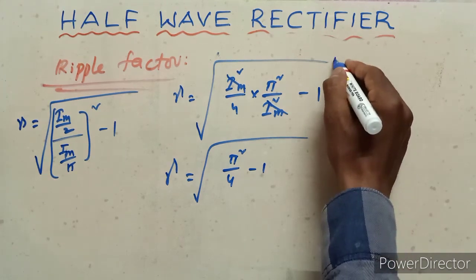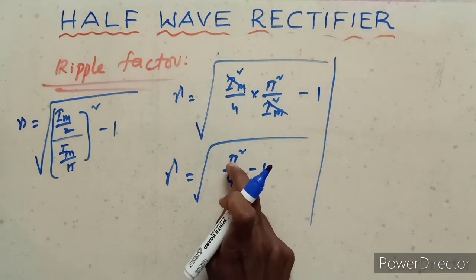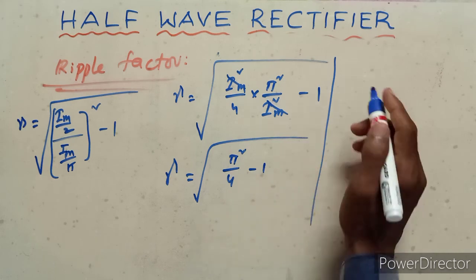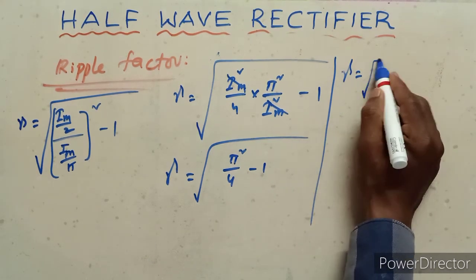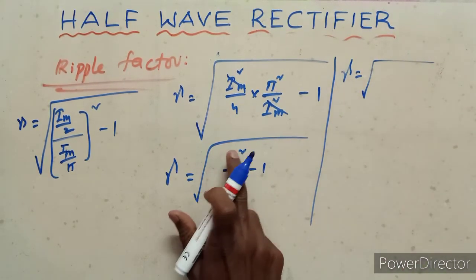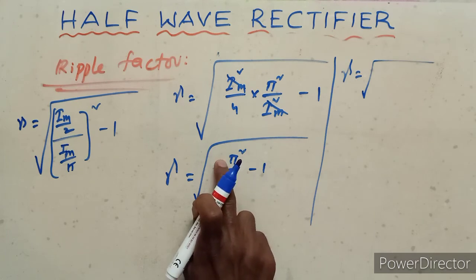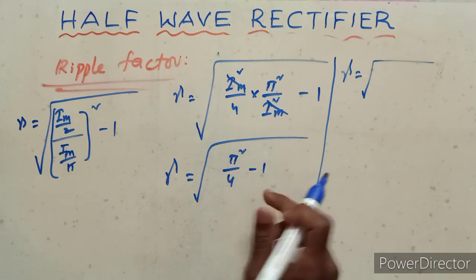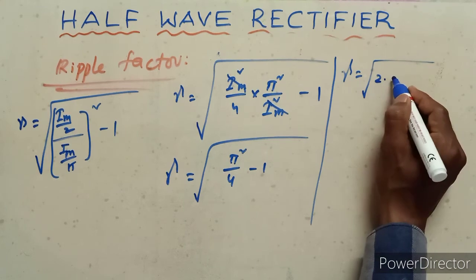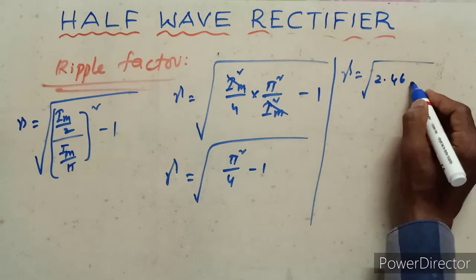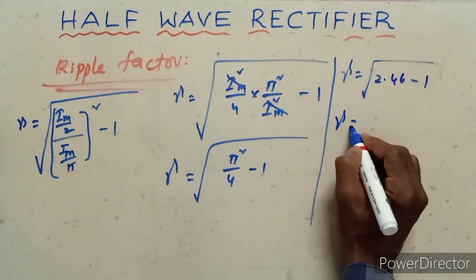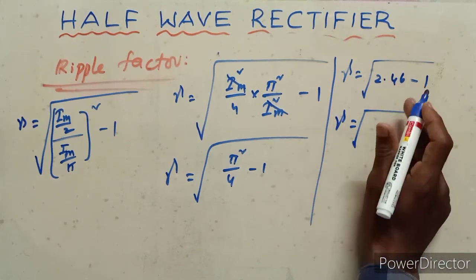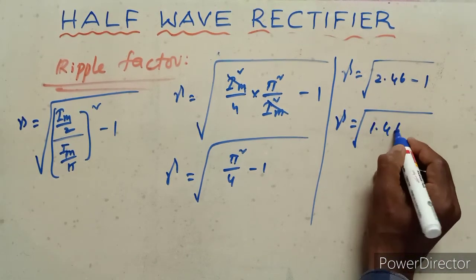So pi square upon 4, with pi as 3.14 whole square by 4, equals 2.46 minus 1. So gamma equals 2.46 minus 1 equals 1.46.